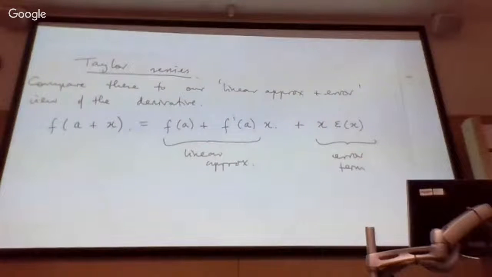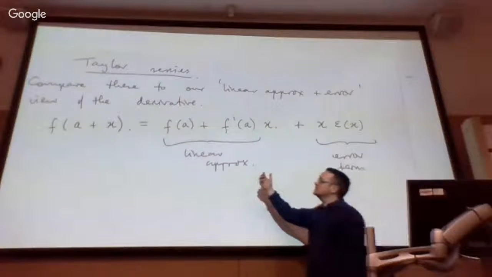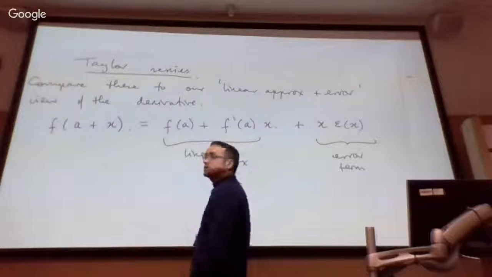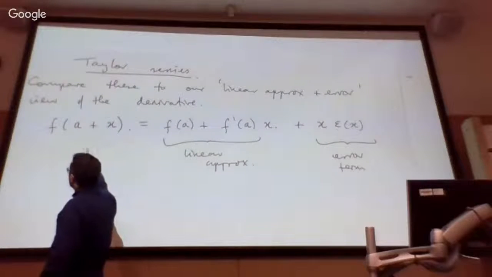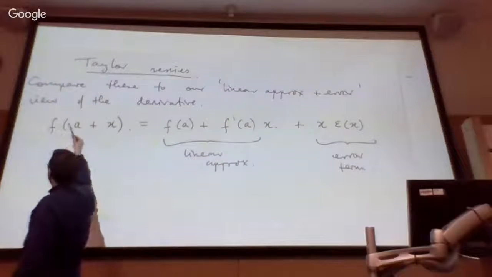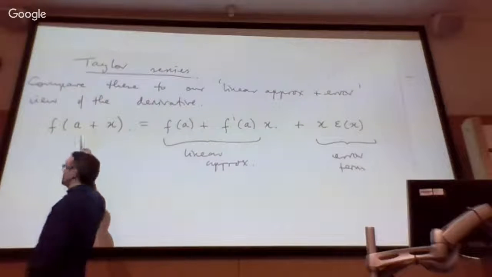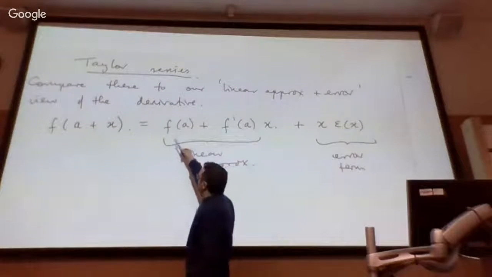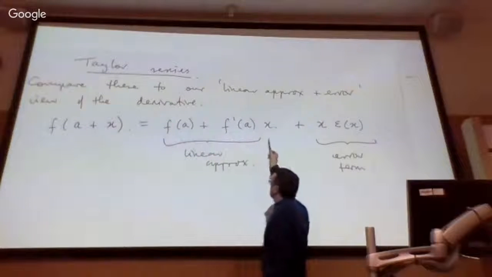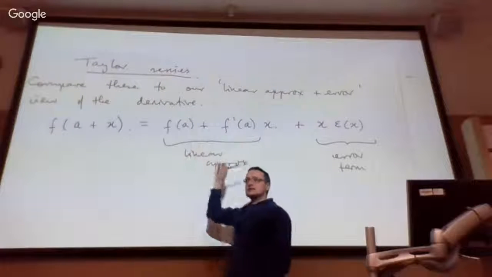The error term has this nice property that not only does it converge to 0 as x goes to 0, which we would expect, because as x goes to 0, we're talking about estimating the value of f at a point close to a. If the point gets closer and closer to a as x goes to 0, then since you're approximating with f of a and something depending on x, as x gets smaller and smaller, you'd expect the error in this approximation to go to 0.